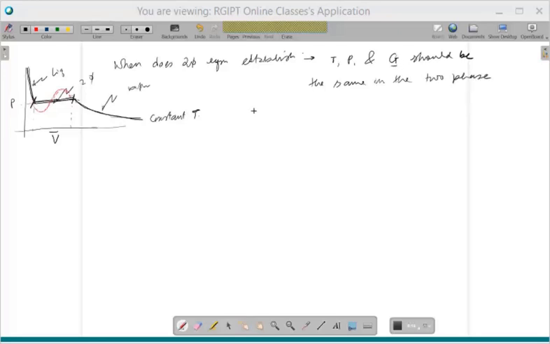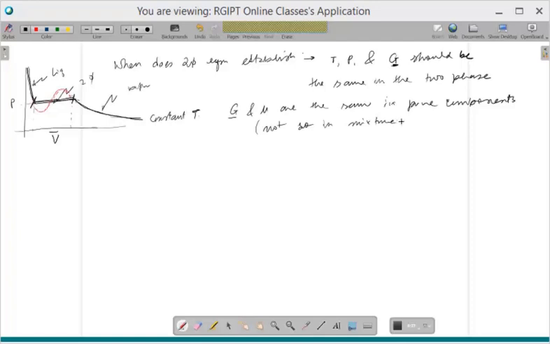And by the way, molar Gibbs free energy happens to be the same as chemical potential in pure systems. I hope you all are familiar with that. G bar and mu are the same in pure components. That will not hold in mixtures. Okay, not so in mixtures. In mixtures, you talk about partial Gibbs free energy rather than molar Gibbs free energy.